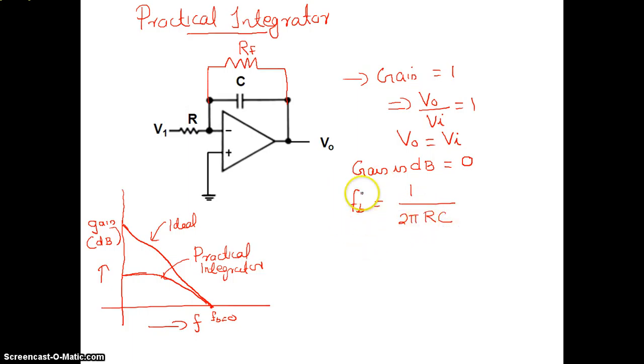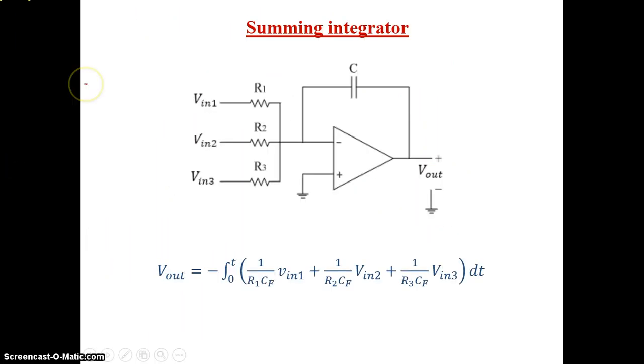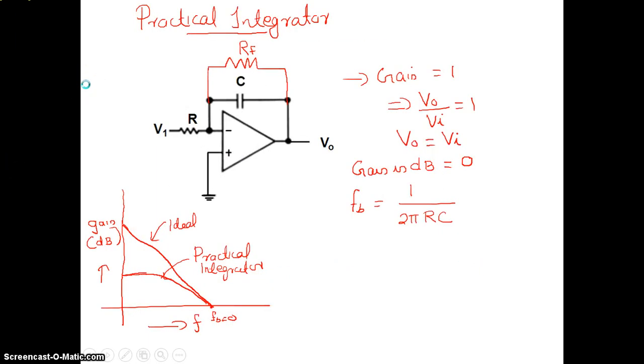If you choose this value of frequency, say 1 kHz or 2 kHz, where you want your output to be exactly equal to the input, you can get the values of R and C. Then you can calculate the gain of the circuit and your RF. This is the design we are incorporating in your lab, and that's about the practical integrator.